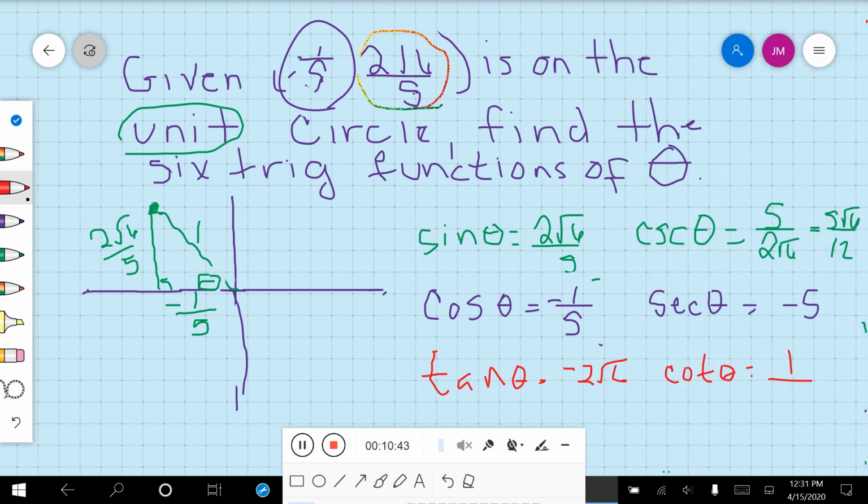So you'd have to put 1 over negative 2 root 6, and then rationalize that. So it would be negative root 6 over 12. And that's how you find the 6 trig functions of theta.